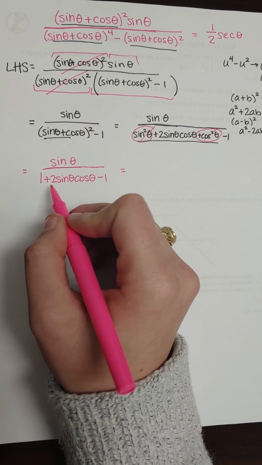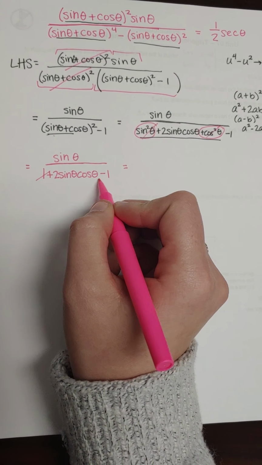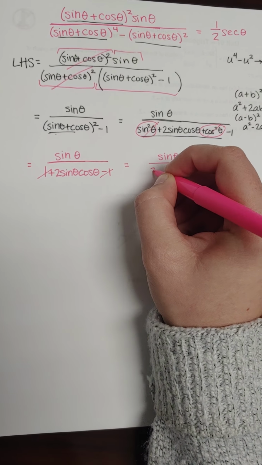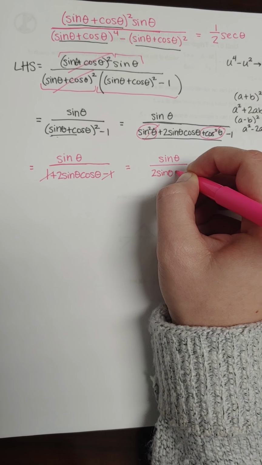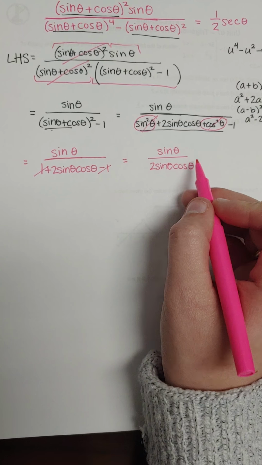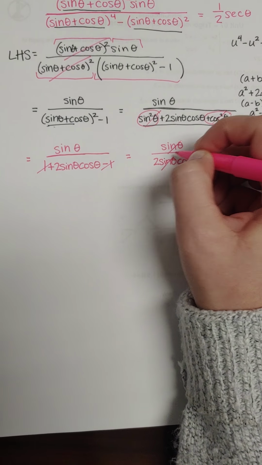So now looking here, I have a 1 plus 2 sine cosine theta and a minus 1. Well, now those can cancel, so I'll have sine theta over 2 sine theta cosine theta. So what this is saying is I have 2 times sine theta times cosine theta. Now that this is all multiplying, again, I can cancel.